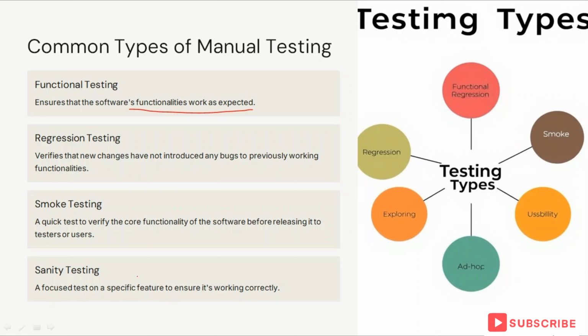But in sanity testing, you test a specific functionality and a specific feature. Like if someone asks you to do a sanity test on, let's say, payment functionality, you focus only on payment functionality. You will not focus on other parts.